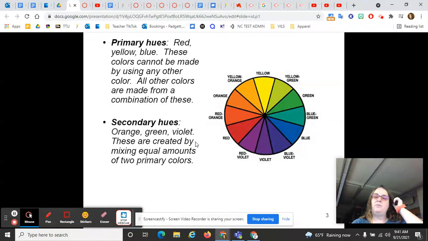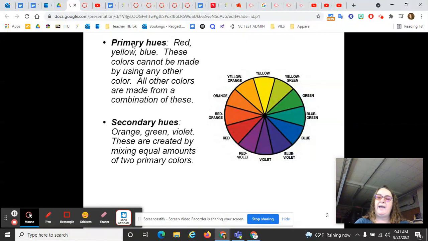All right. So this is a color wheel, and we're going to talk about the primary hues or primary colors. Your primaries cannot be made from any other color, okay, or any other hue. That's going to be yellow, blue, and red, okay? So those are your primary hues. Then you have secondary hues, okay? Secondary hues are created by taking equal parts of the primary colors.